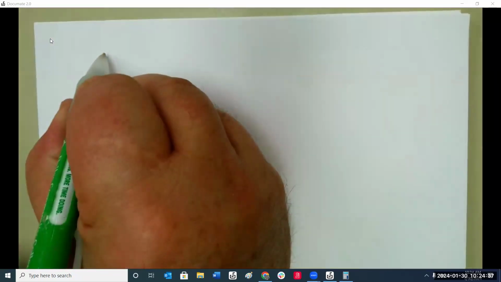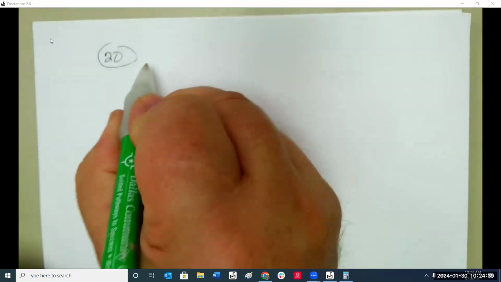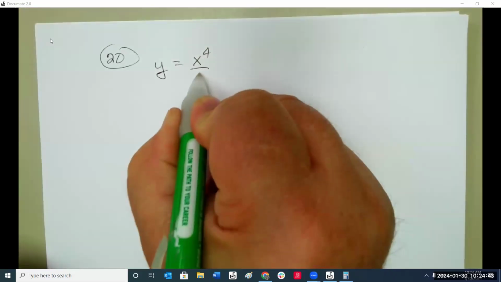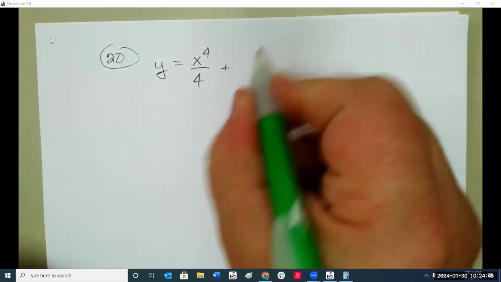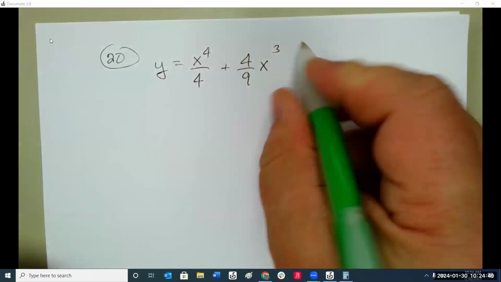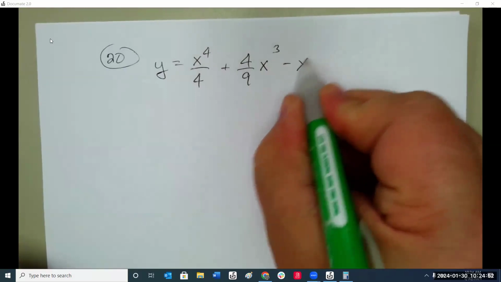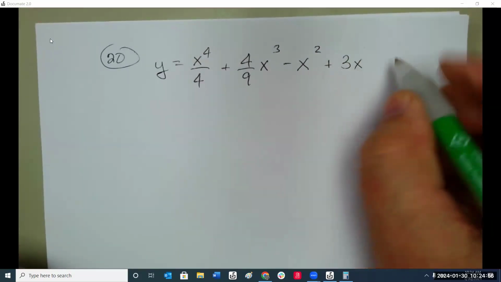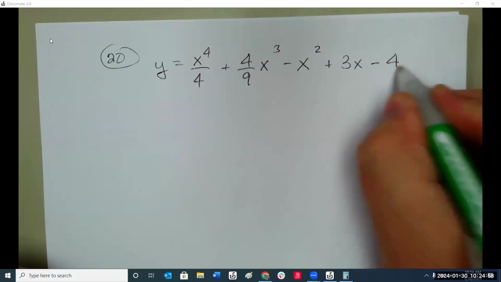Okay, number 20. Number 20 is asking for, here's the equation. y equals x to the 4th over 4 plus 4/9 x cubed minus x squared plus 3x minus 4.